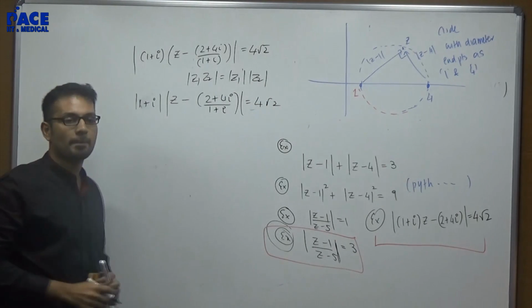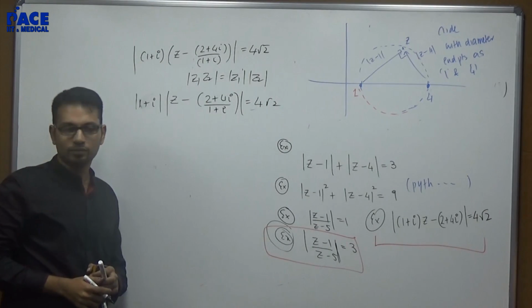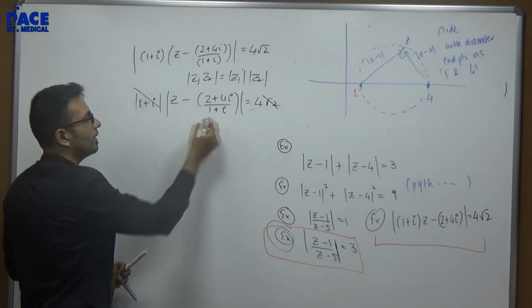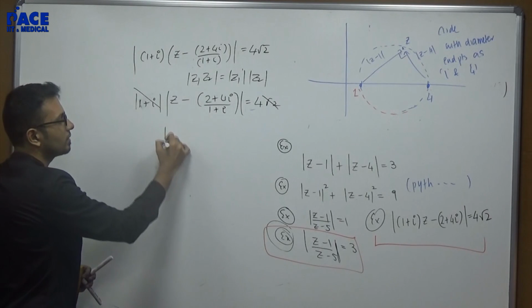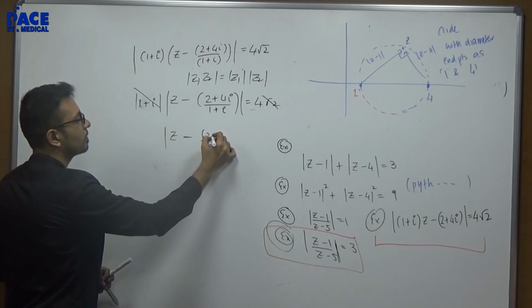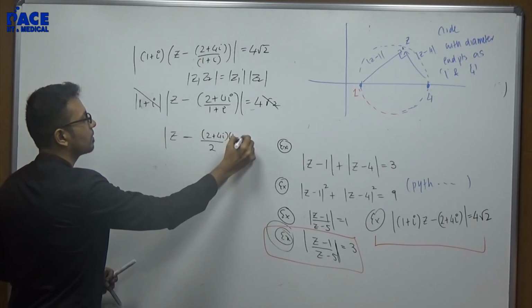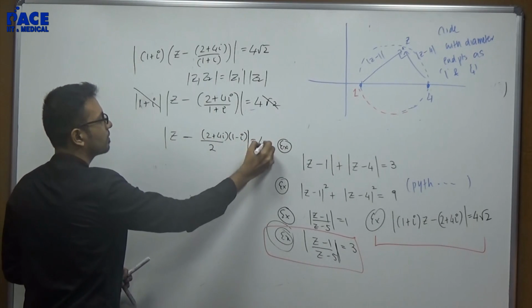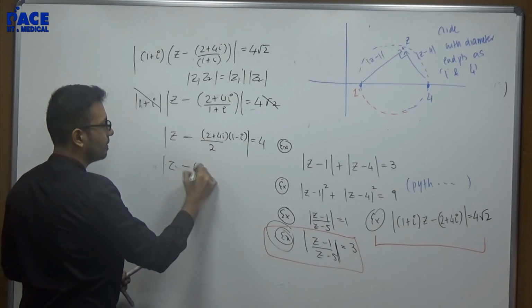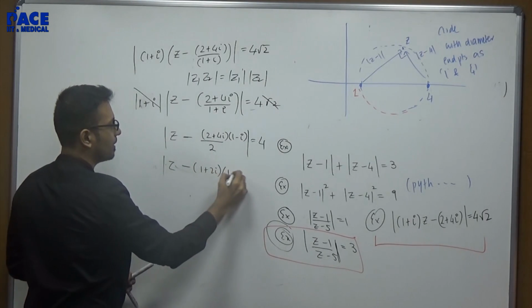It is √2. Okay? That will cancel with this √2. Now you can divide the two complex numbers by taking conjugates. What happens? 1 plus 2 iota, 1 minus iota.